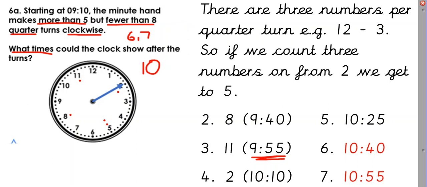So now our sixth and seventh ones are the ones that we need to take note of. So if we do 3 again, 1, 2, 3, we are then at 10:40. And then again, 1, 2, 3, we are at 10:55. So your two answers should be 10:40 and 10:55. Well done if you got those correct.